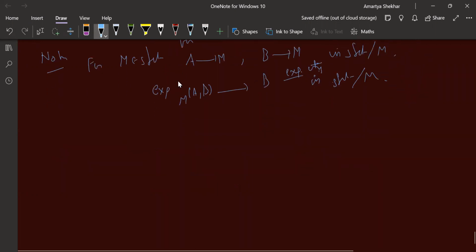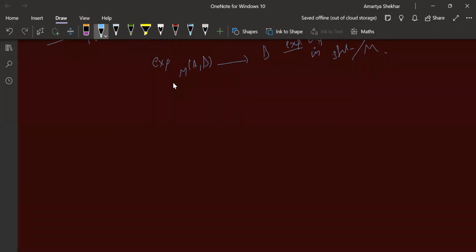So let me define the pushout product and the pullback exponential. Let me call this Q, A to B. I hope I don't mess it up, so don't trust me very much.